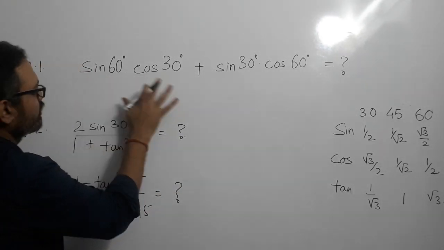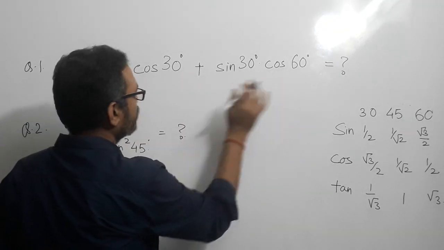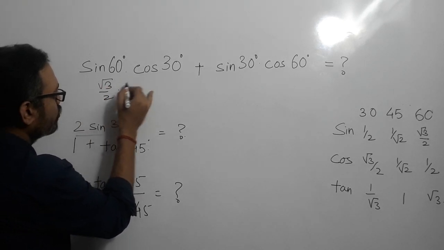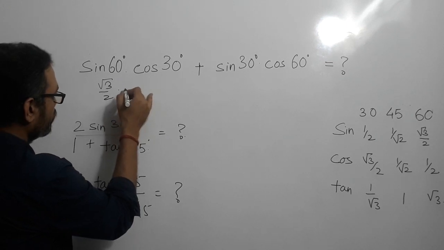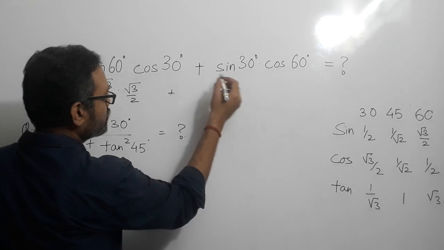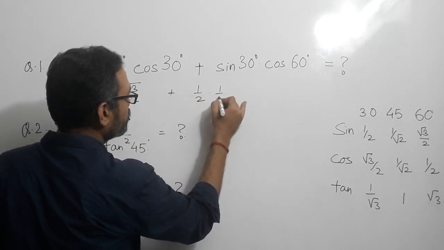Let's say this one: sine 60 into cos 30 plus sine 30 into cos 60. What is sine 60? Root 3 by 2, into cos 30, again root 3 by 2, plus sine 30, 1 by 2, into cos 60, 1 by 2.